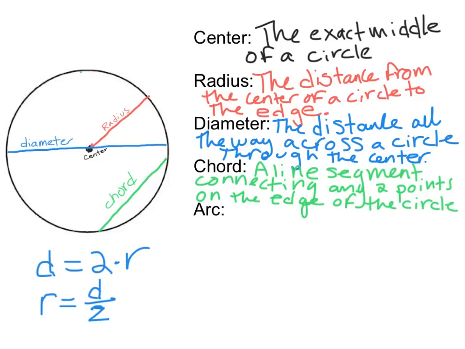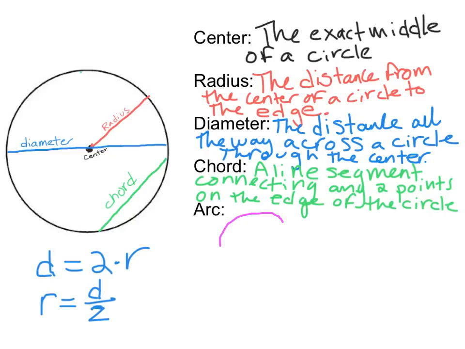Then that leaves us with an arc. You can probably picture what an arc would be. An arc is something like that, right? Well, on a circle, what that means is that it's a section of the outer edge of the circle.